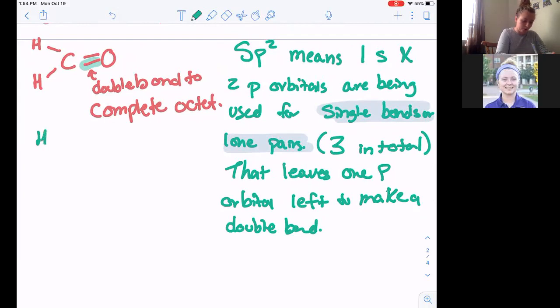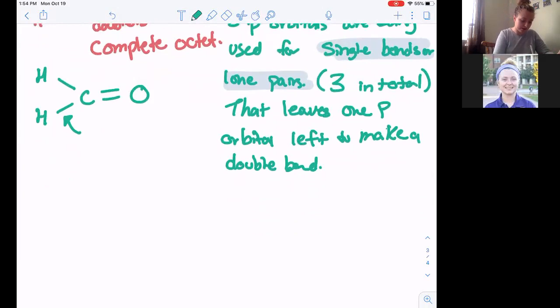So if we redraw the one we just drew up there, and we went to analyze this, well, it wouldn't be sp3 because we don't have 3 p's. We only have 2 p's, so it has to be sp2, because if we're looking at it, this is an s, these 2 are p's, and then we have this p over here by itself to double bond.